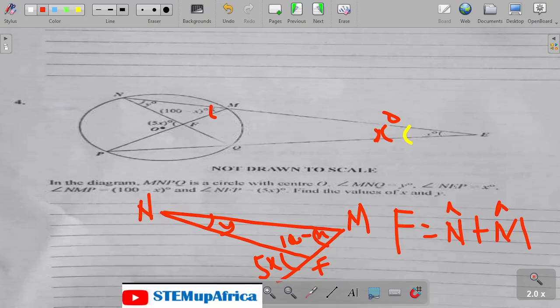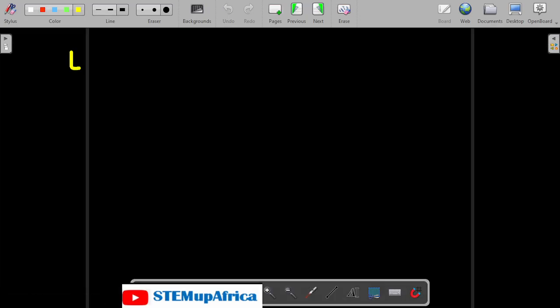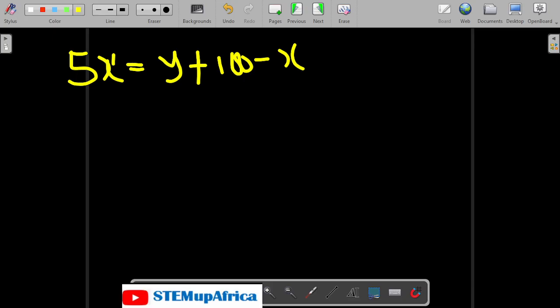So let's see how we calculate for that particular question. Where's angle F now? Angle F is 5x, angle N is y, while angle M is 100 minus x. So we're going to have 5x equals y plus 100 minus x.